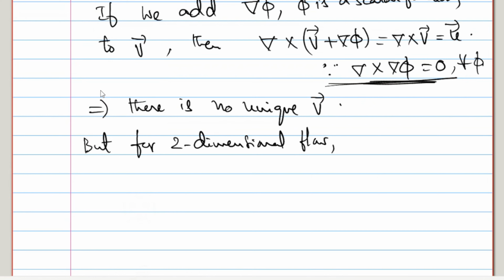As you have already seen in the last class, for 2-dimensional flow, del cross something, that is basically vorticity. If the flow is confined to 2 dimensions, only in the 2 dimensions, then your del cross A direction is always in the perpendicular direction, right?